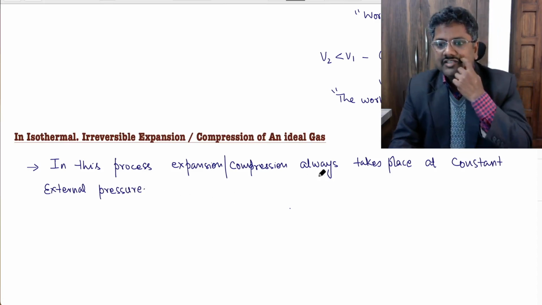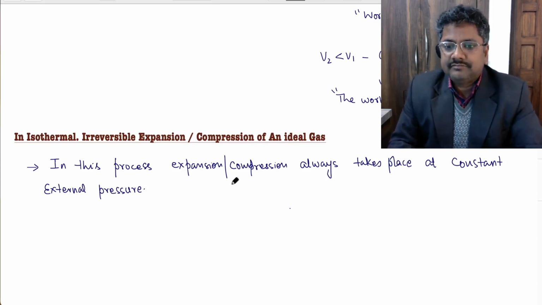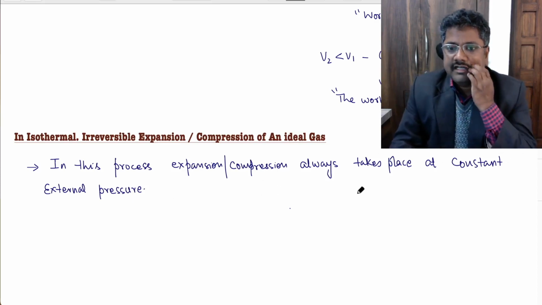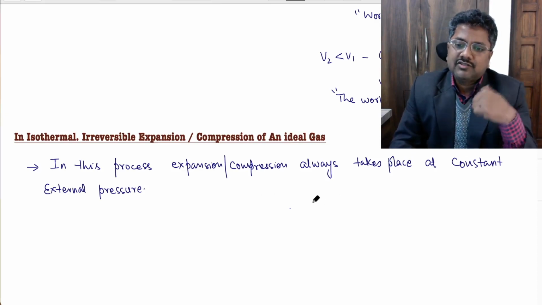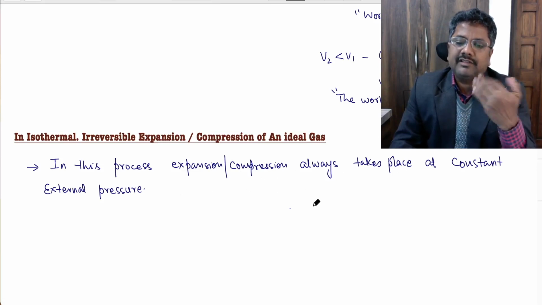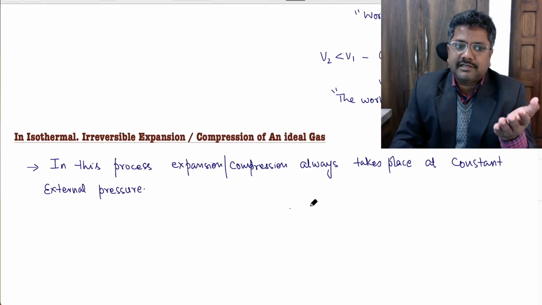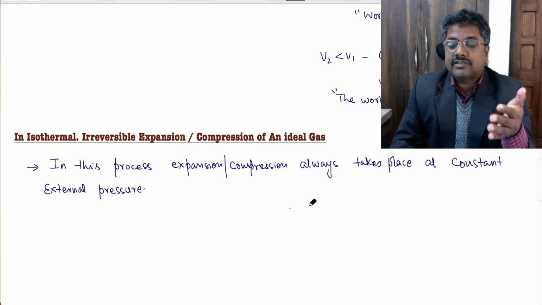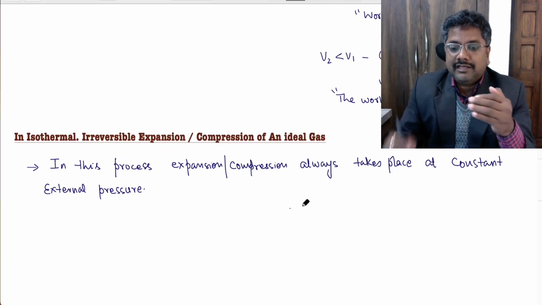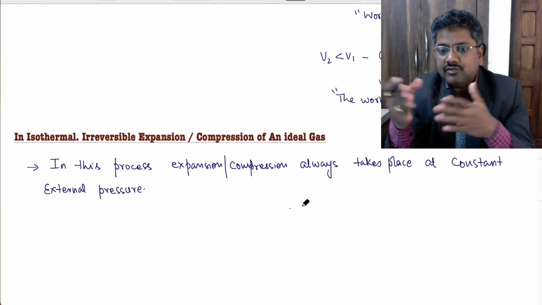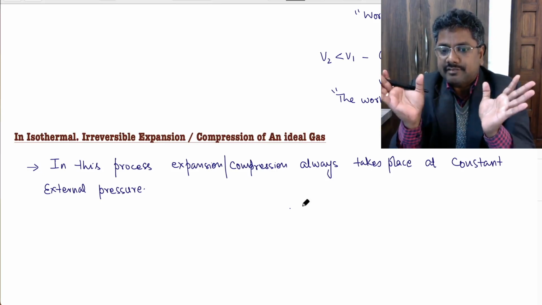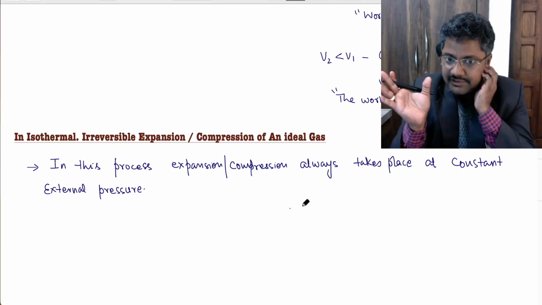It means you have taken a system and shifted the piston, so finally when your gas is in equilibrium with the external pressure of the surrounding. In that situation only we are calculating the work, because there is no intermediate step between initial and final state, right?